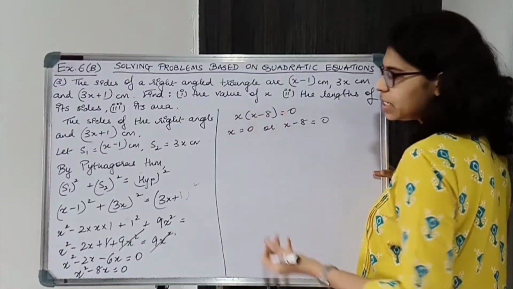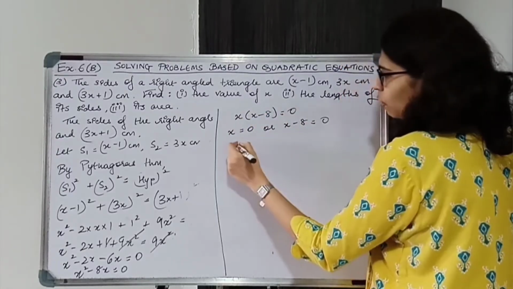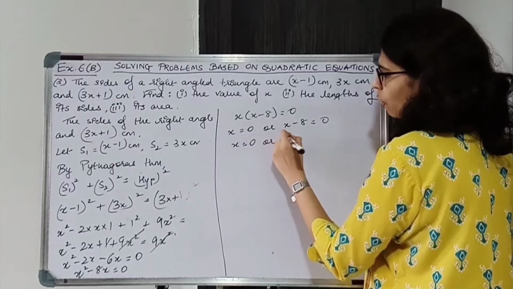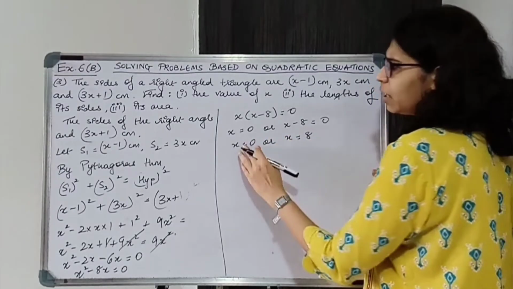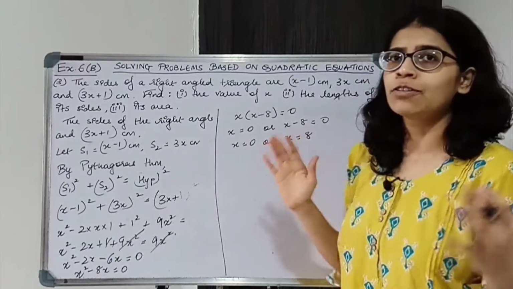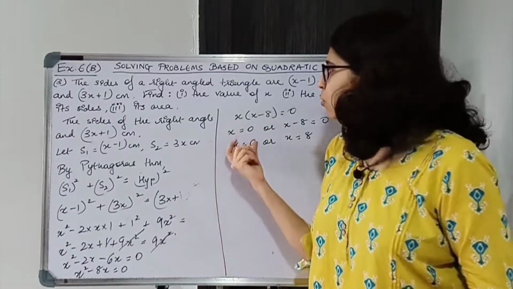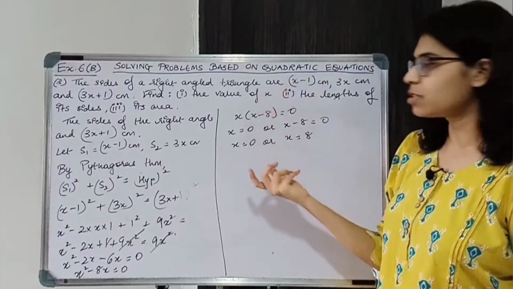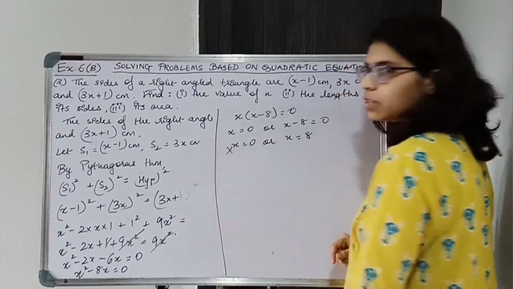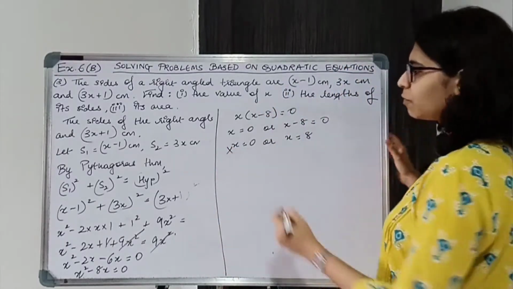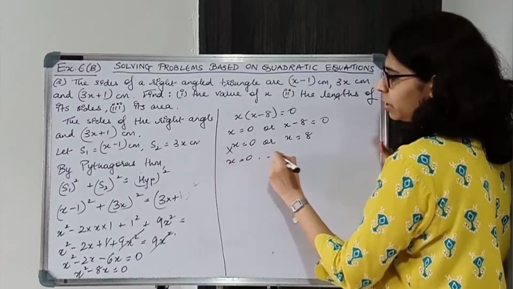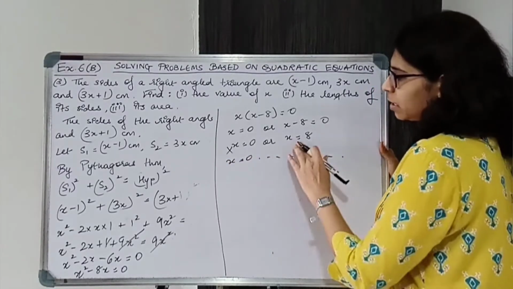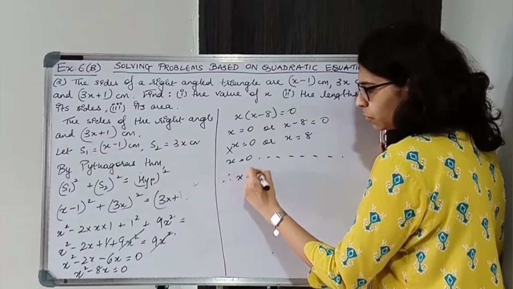One of them has to be 0. So therefore x is equal to 0 or x is equal to 8. Now the side of the triangle can't be negative. If x is 0, then this will become minus. That is not possible. So this is wrong, this is not applicable, so you have to write down x equal to 0 is not applicable. Okay, now therefore x is equal to 8.